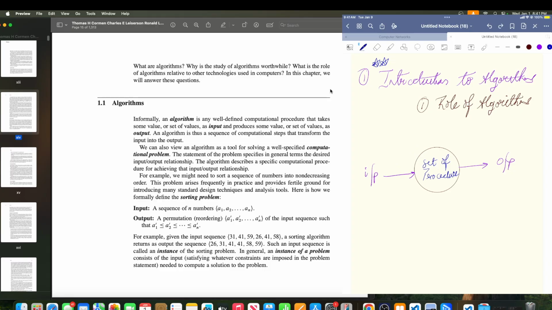This is what happens when you go to any platform like LeetCode: they will give you an input, and they will have the output. You have to write this in Python.